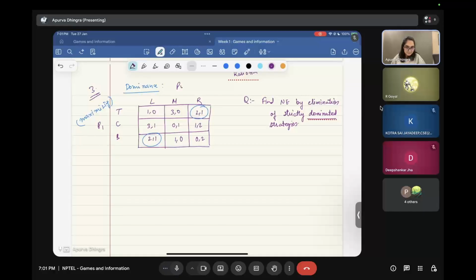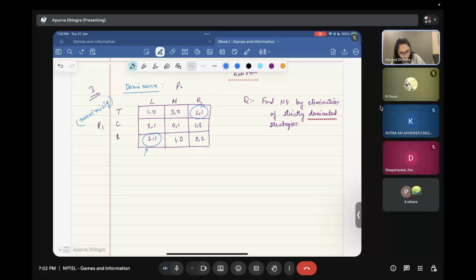So if 2 comma 1 is a potential solution and player 2 is getting the payoff of 1, then player 1 could have gone for a better option, value 3. So 3, 1 is better than this 2, 1 in that sense. So for this one, I don't think this can be a Nash equilibrium.